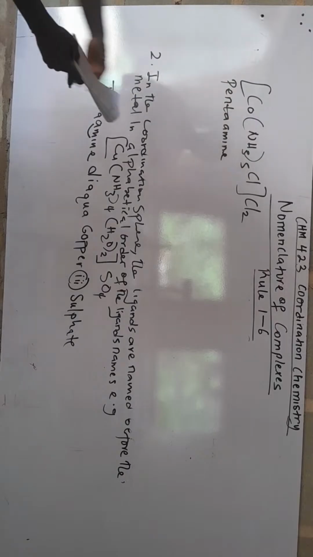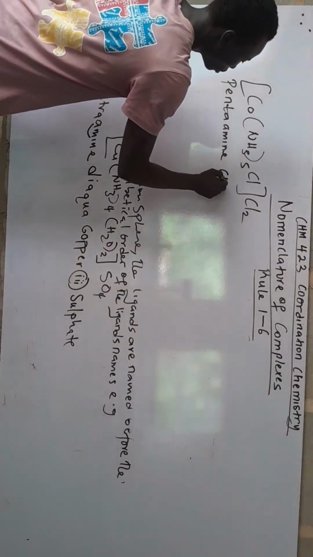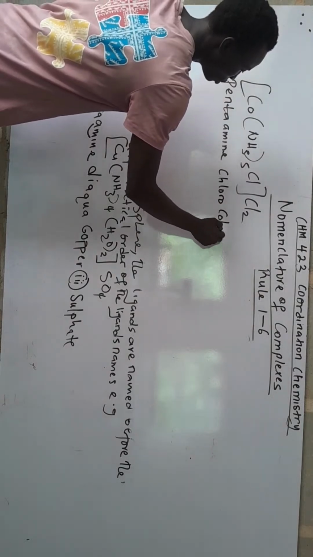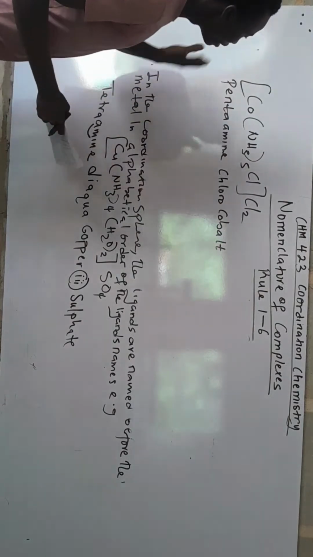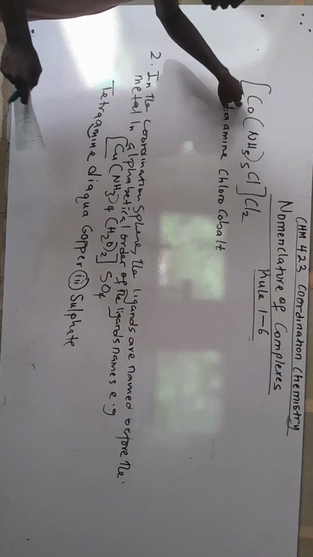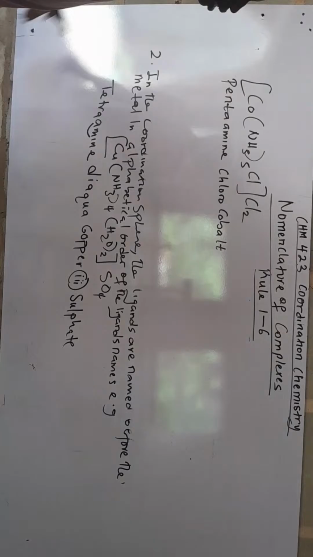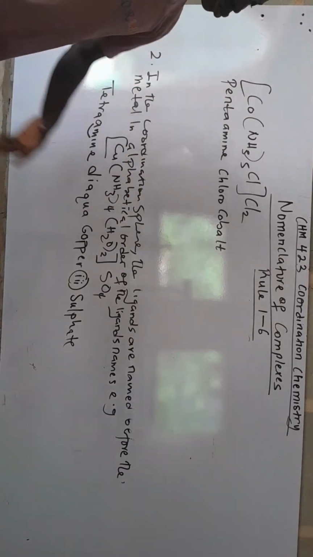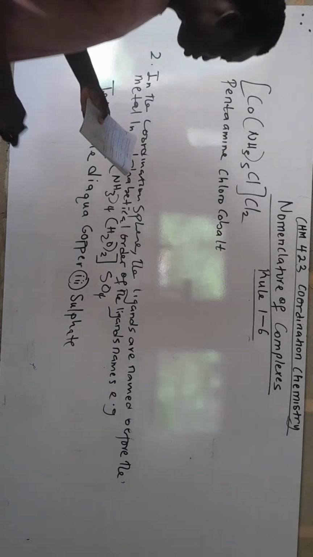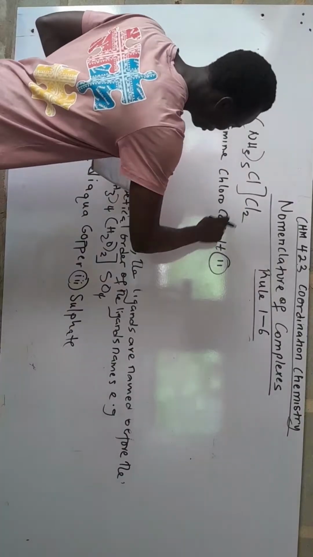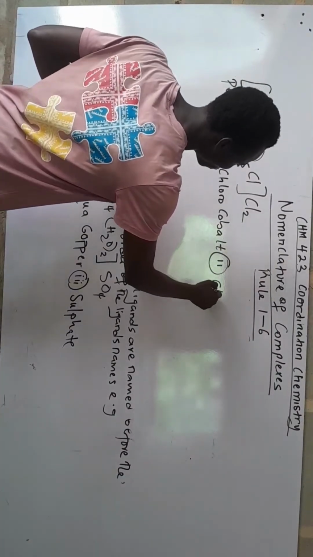So what will follow next will be chloro followed by cobalt. The cobalt, now, name by name, because it has been stated that the metals will come second to the last one there. So there we are going to have cobalt 2, then followed by chloride.